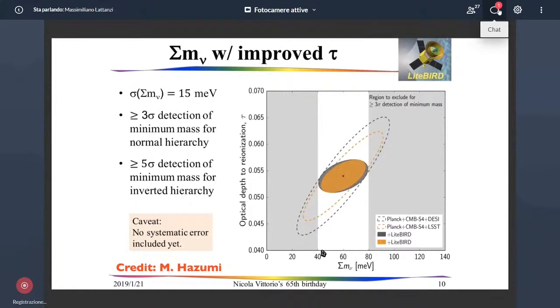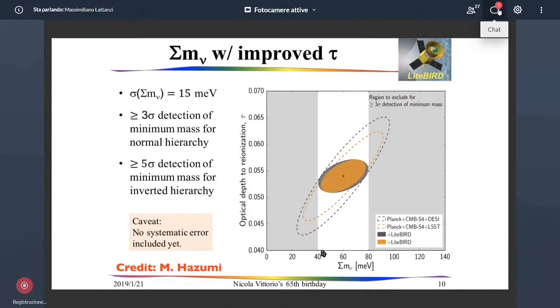That's because the optical depth to reionization acts like a confusion parameter for neutrino masses, so you need to have a good handle. And actually, the numbers that I had shown you before all assume that you will measure tau better than we know now from Planck in the near future.